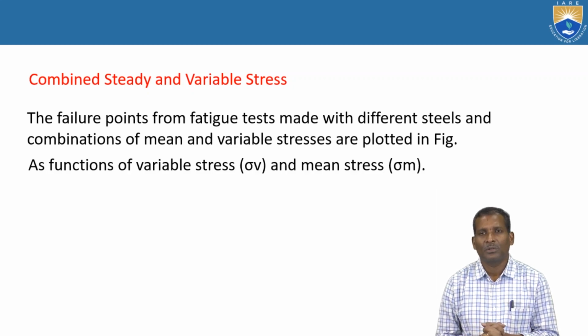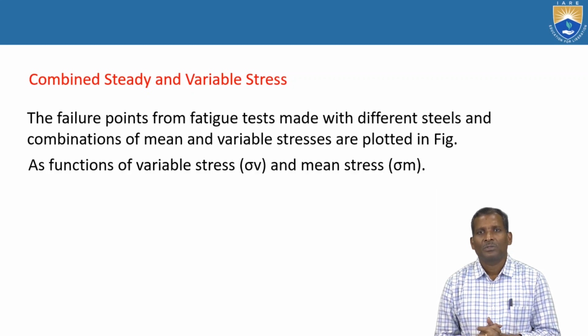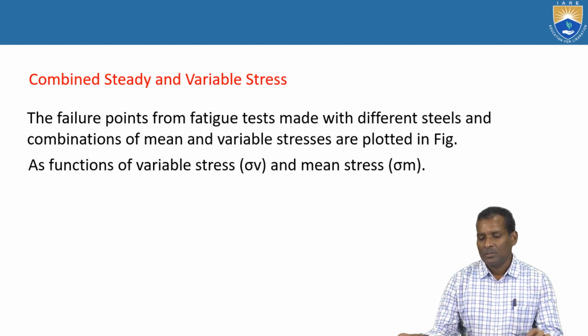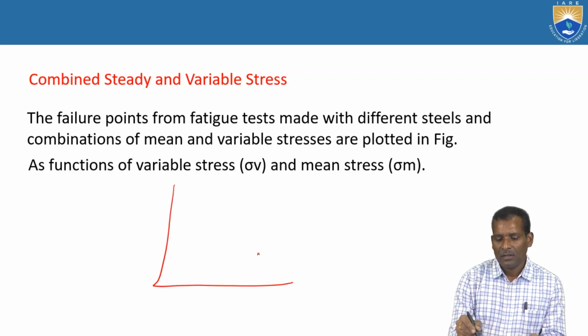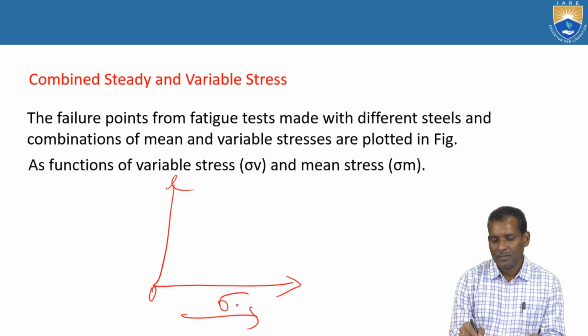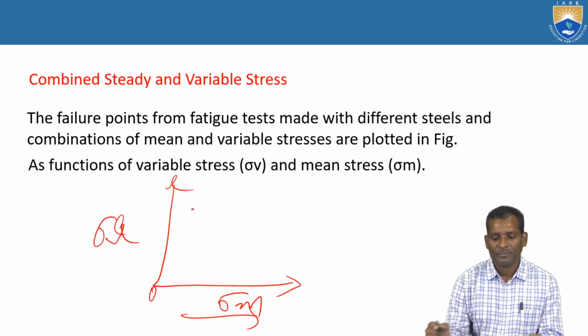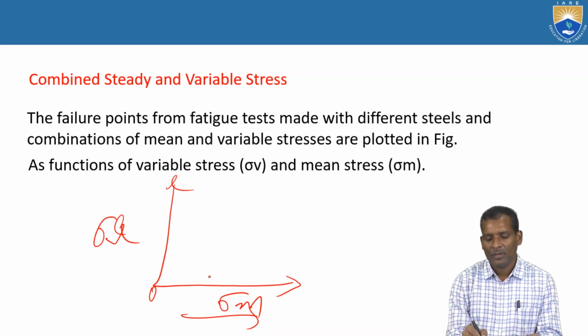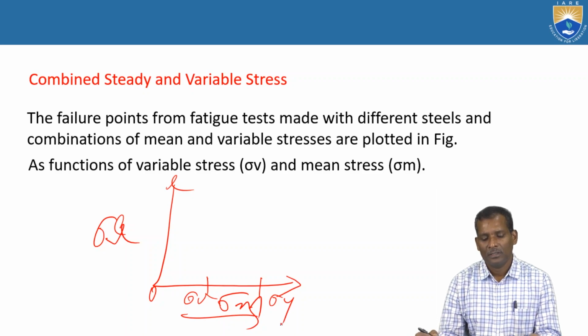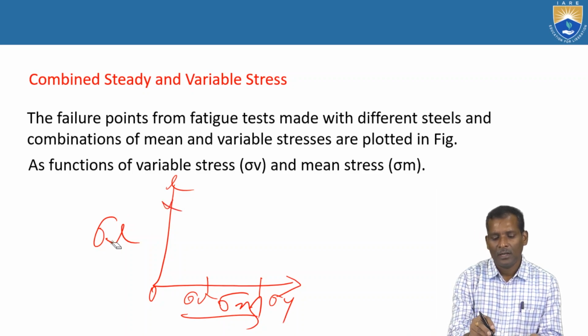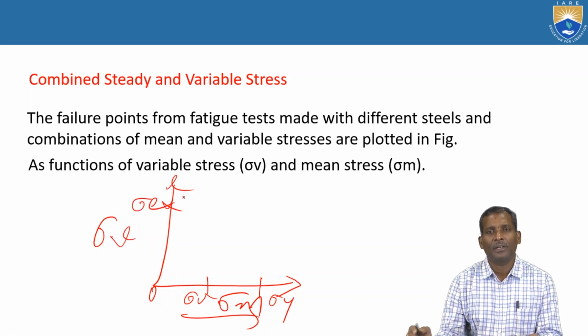I will show you the diagram, as a function of variable stress and mean stress. Here on the x-axis take mean stress and here variable stress. Here you may assume ultimate stress and sigma y, and here variable stress, the endurance strength.